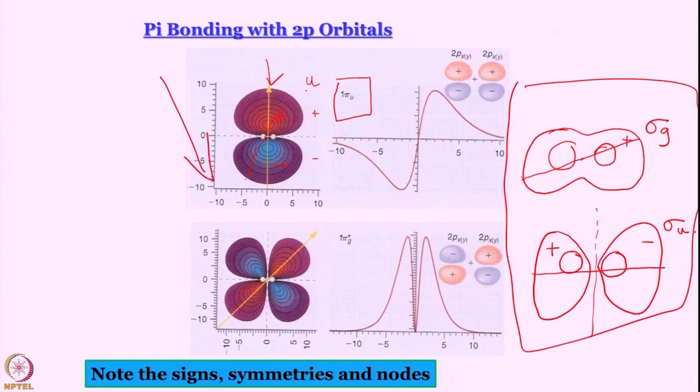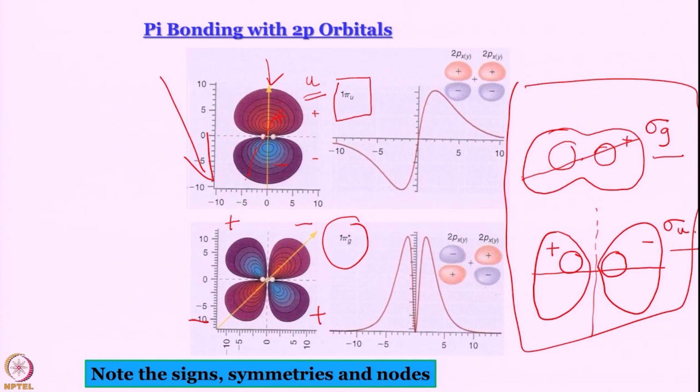So, for sigma interaction involving 1s orbitals, the bonding orbital has gerade symmetry, and the anti-bonding orbital has ungerade symmetry. For pi bonding with p orbitals, the bonding orbital actually is ungerade, and for the anti-bonding orbital you see this is plus, this is minus, this is plus, this is minus. So, the anti-bonding orbital is actually gerade, pi g.